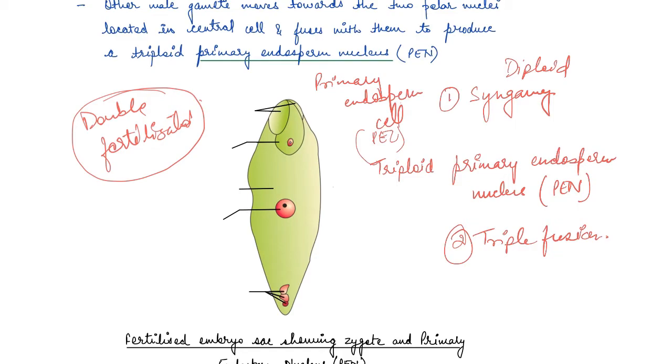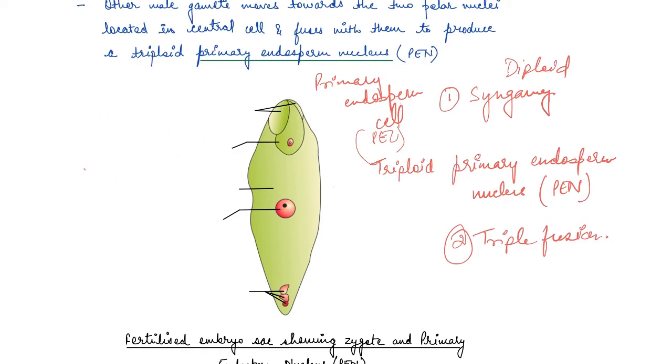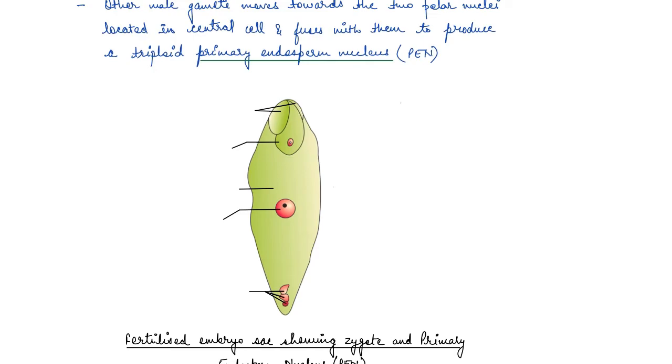That develops into an endosperm, and the zygote which has developed from syngamy develops into an embryo. Now if I have to label this diagram, how will I do that? Here you see synergids are degenerating, so these are degenerating synergids. Then here you have the zygote. Syngamy has occurred and this is the diploid zygote.